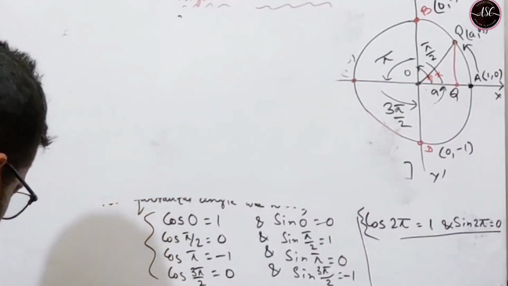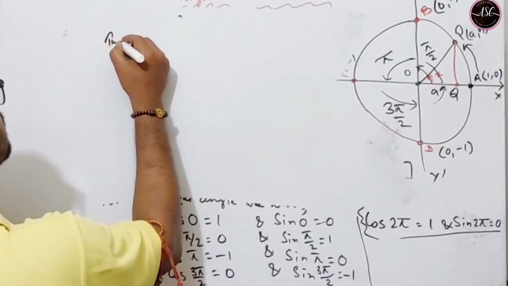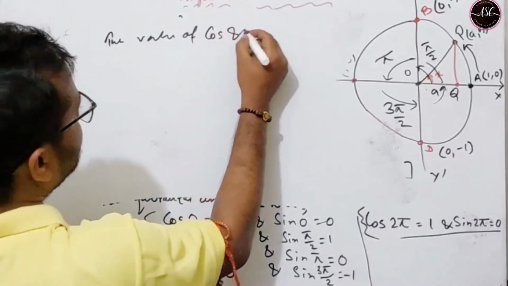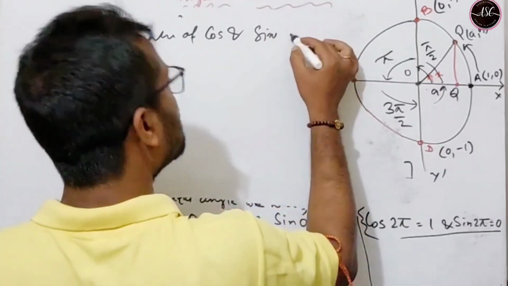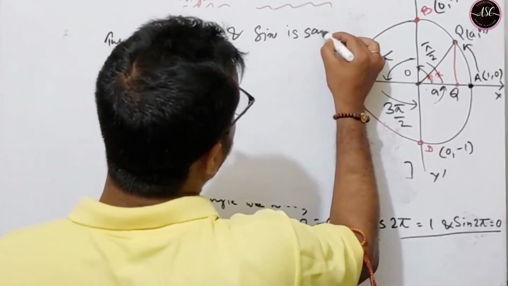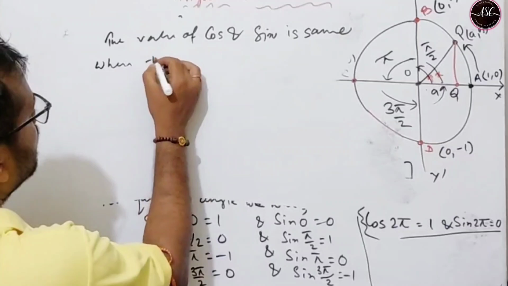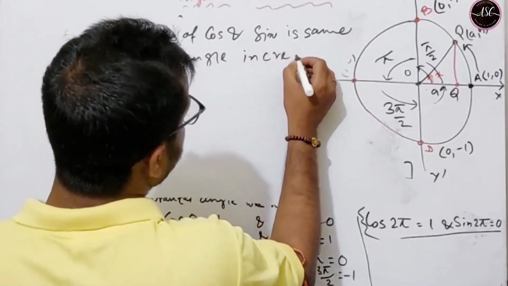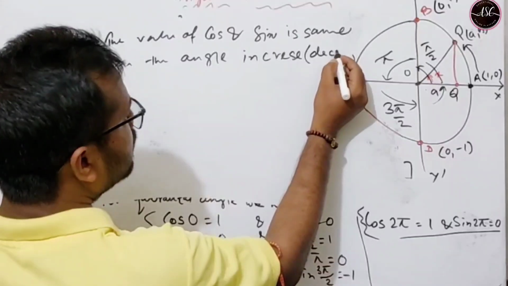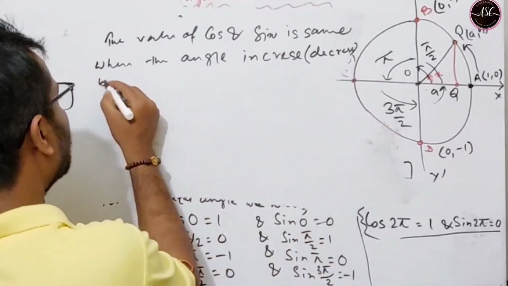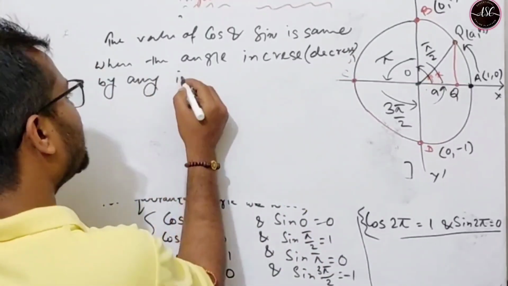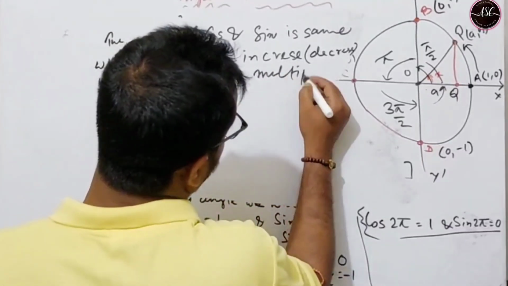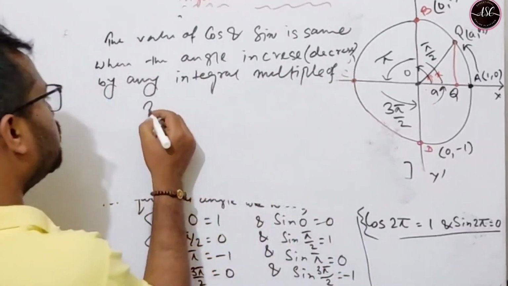So the value of cos and sin is the same when the angle increases or decreases by any integral multiple of 2 pi.